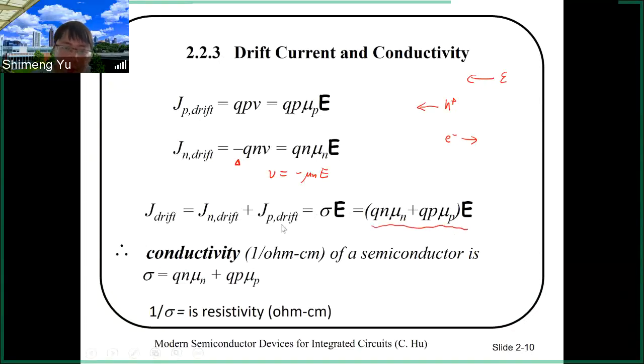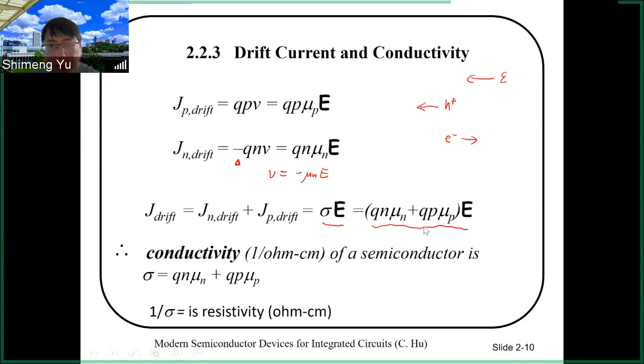And from the macroscopic view, from the Ohm's law, you know the drift current density is sigma E. The sigma is the conductivity, and E is the electric field. I think you have done the homework on this. So this is from the macroscopic view, and then we have the microscopic view here.